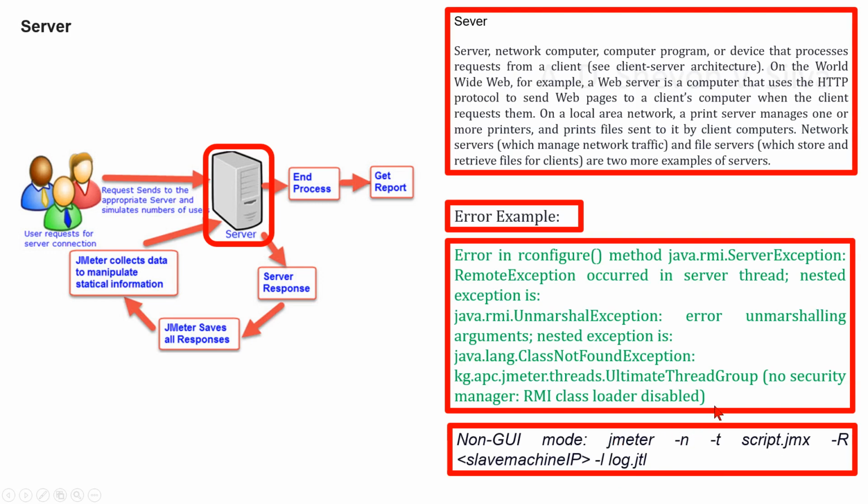Error in rconfigure method, java.rmi.ServerException: RemoteException occurred in server thread. Nested exception is java.rmi.UnmarshalException: error unmarshalling argument. Nested exception is java.lang.ClassNotFoundException: kg.apc.jmeter.threads.UltimateThreadGroup, no security manager, RMI class loader disabled.